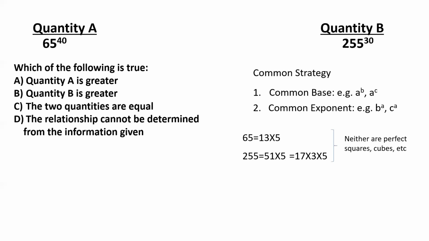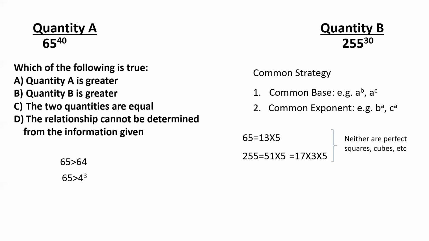They're just easier to deal with. If you think about what numbers are around 65, one such number that immediately comes to mind is 64. We know 64 is a perfect square because it's 8 squared, but it's also a perfect cube. So 64 is basically 4 cubed.